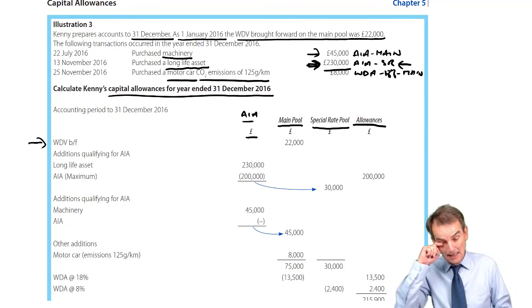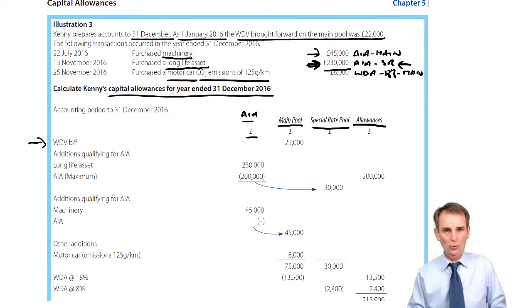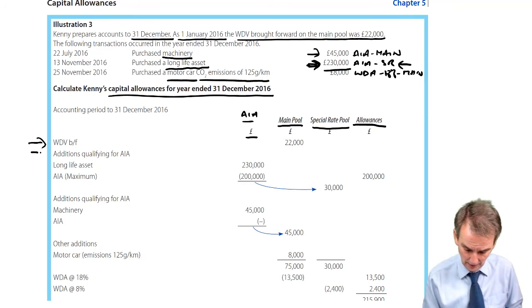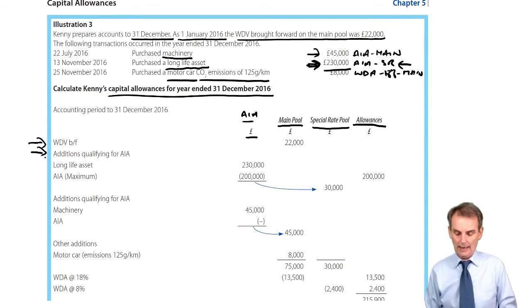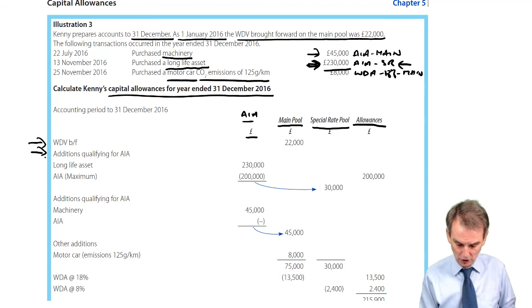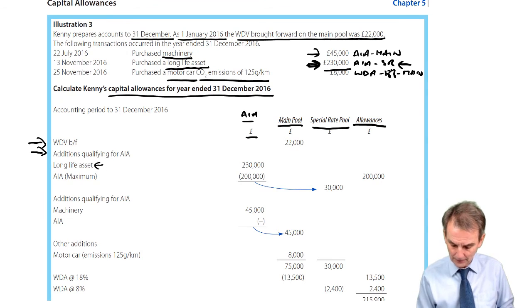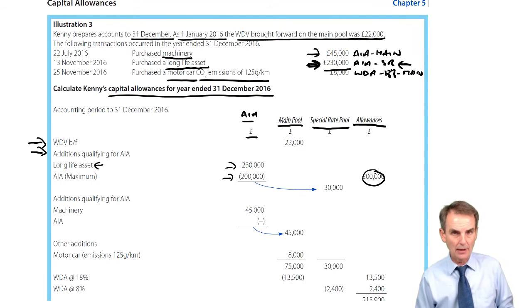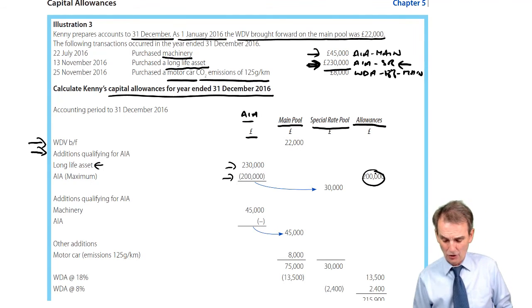Then, again, critically important, the order in which we deal with things. Additions qualifying for AIA. Firstly, the special rate pool expenditure, that was your long life asset. The amount, 230, is more than the limit of 200, so the 200,000 is available and goes into your allowances column, with a residue of £30,000 to put into the special rate pool.